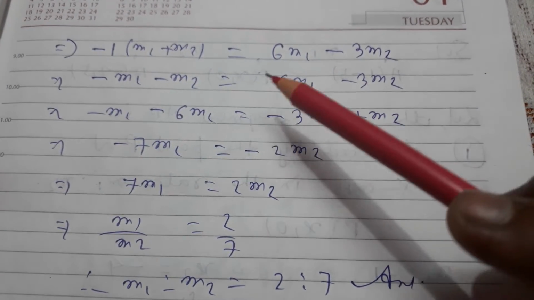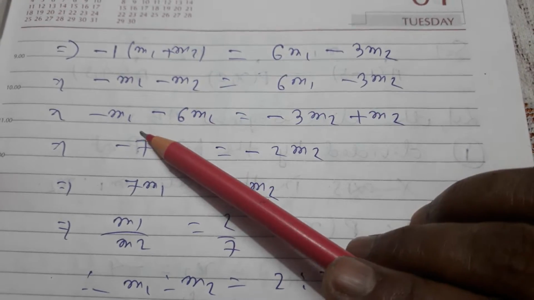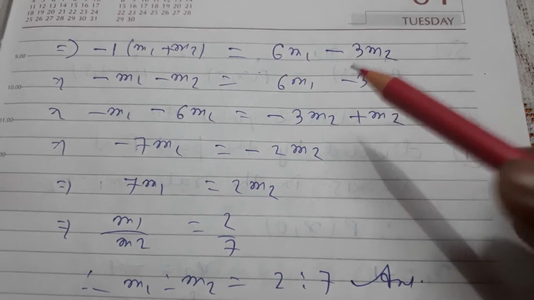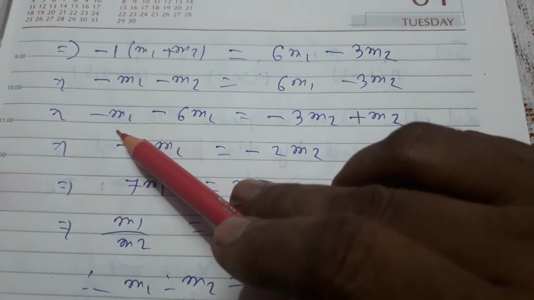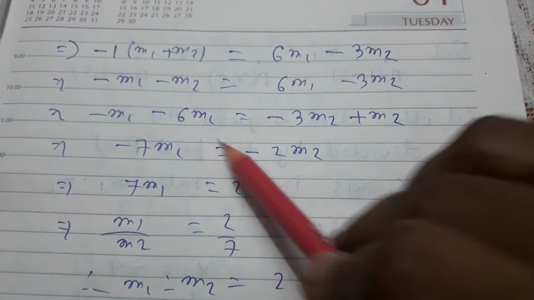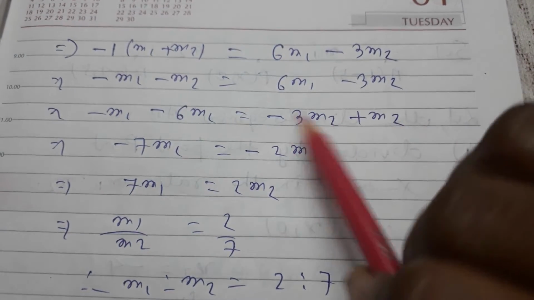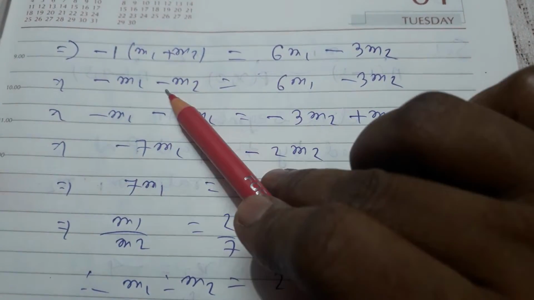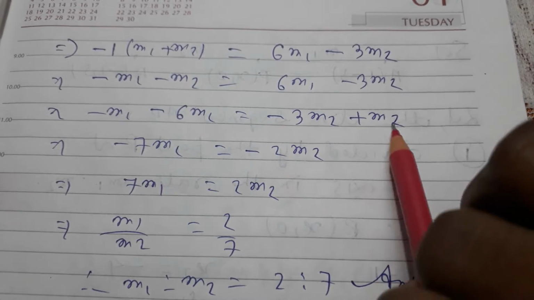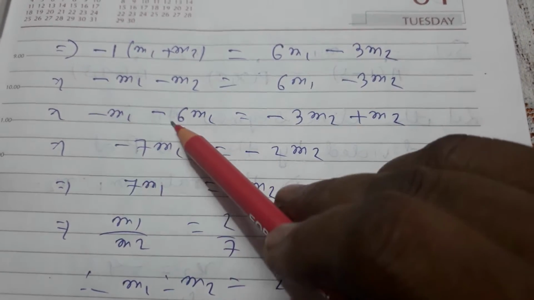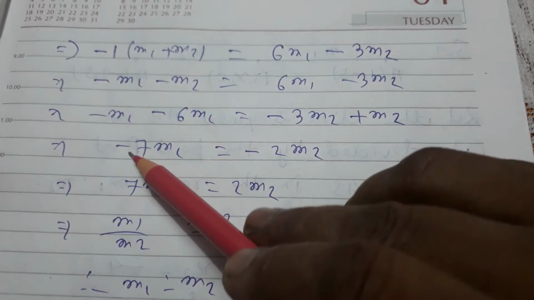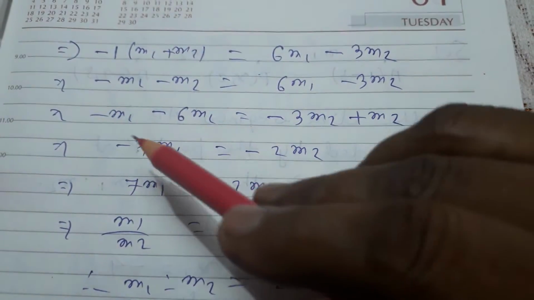Now both of the m1 you take to the left hand side and both of the m2 you bring to the right hand side. So -m1 minus 6m1 equal to -3m2 minus, this minus will come here as plus m2. So here -7m1, because 6 is greater and before 6 there is minus sign, and minus plus.